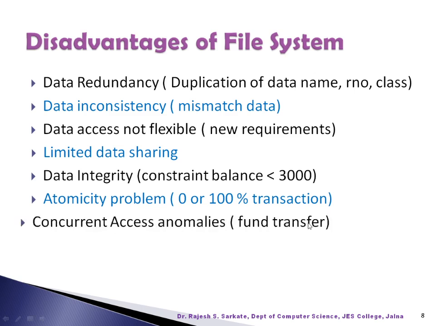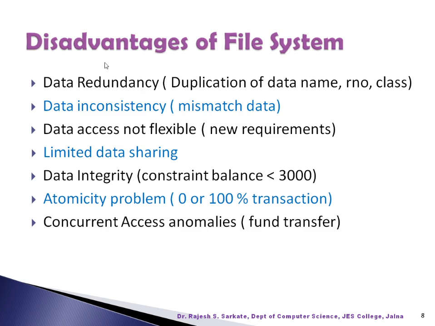These issues must be known to you: data redundancy, duplication of data; data inconsistency, mismatched data, multiple copies having the same data, one is updated, others are not updated; data access is not flexible. If the same data is to be retrieved in a different way, the program was not supporting it, you have to modify the program. Limited data sharing: the programs and files were having different structures, so sharing was not easy.